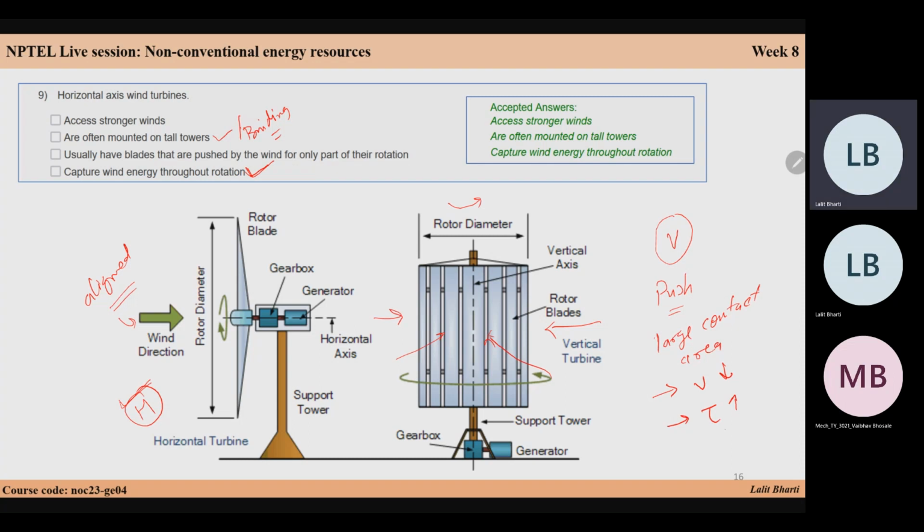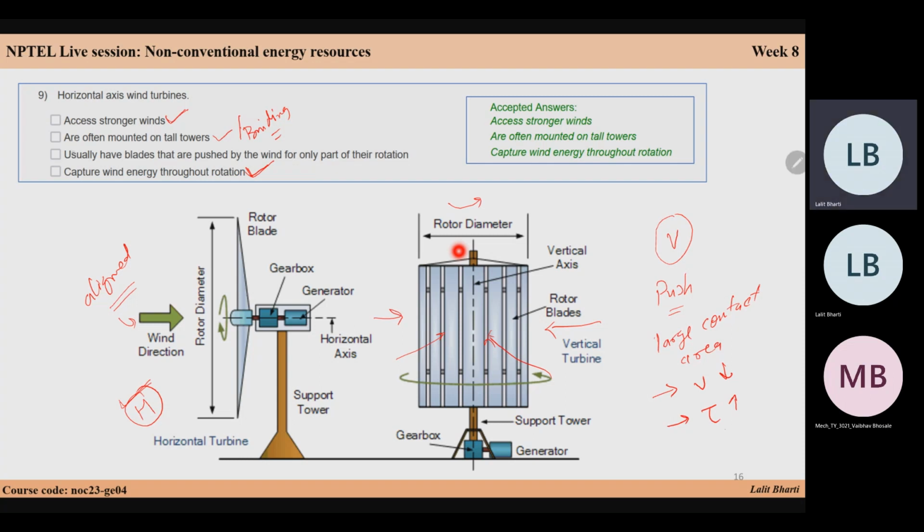So you don't need a system to change the direction of your axis or your rotation. It will again make it lighter and more convenient for small scale users. So option A is also correct. They can access stronger wind in any direction. They can be used in towers or buildings.